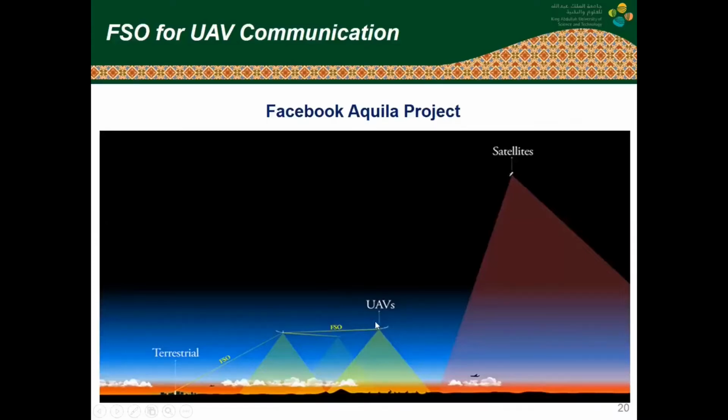There is this Aquila project that was a proof of concept done a few years ago. More recently, there has been this interesting Zephyr project, basically championed by Airbus. They all have the same concept. This is the Loon project of Google. We are talking about stratospheric communication, communication from 20 kilometers above the ground.